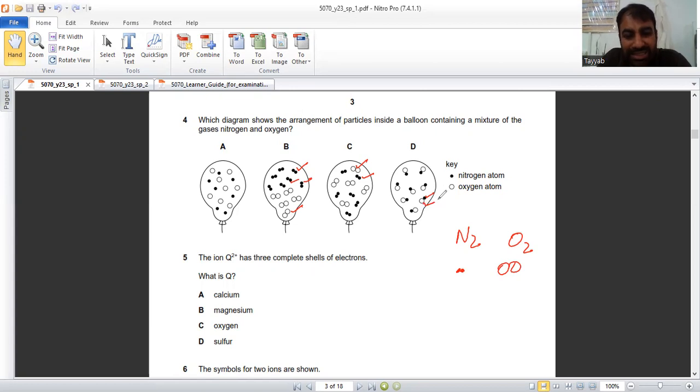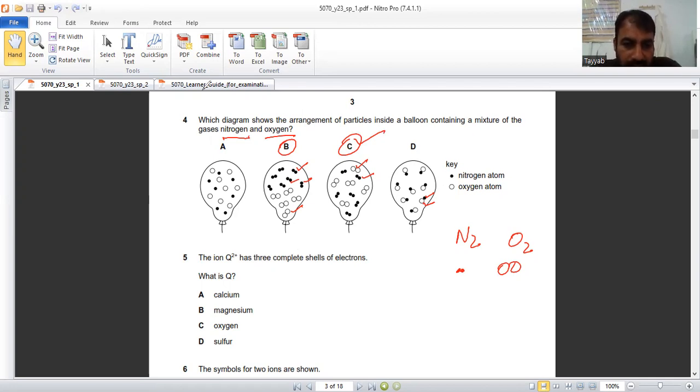So this can be a molecule of a compound, but not the molecule of nitrogen and oxygen, which are elements. Now among B and C, which one is the best possible option? It is C, because these are randomly arranged, not in a regular pattern. So it is clear from this example as well.